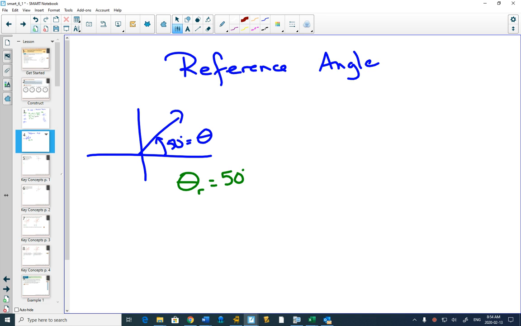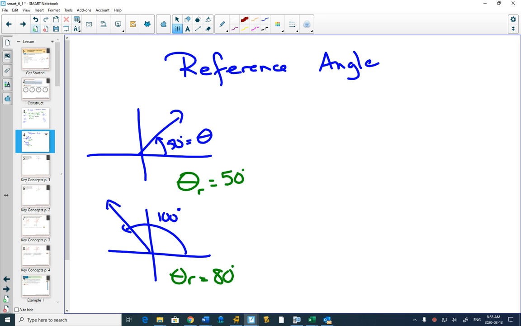So after one example, your definition could be, oh, reference angles are the same as angles, because that works for our one example. But example 2 here, if I give you 100 degrees, well, the arrow's a little bit off, then my reference angle would be 80 degrees.